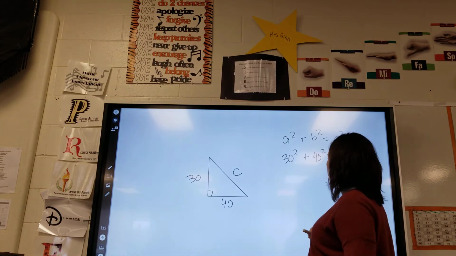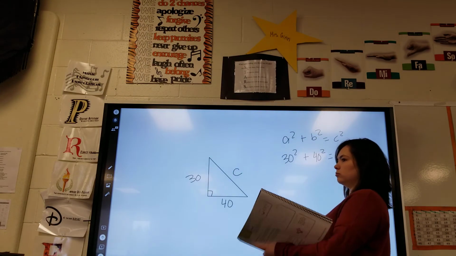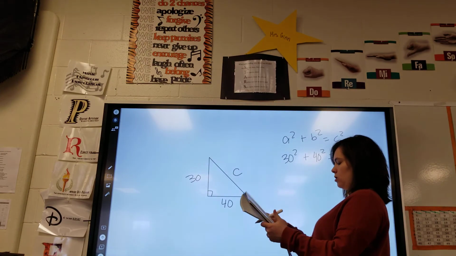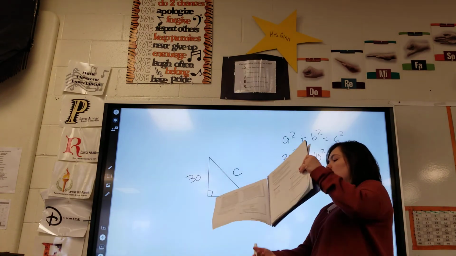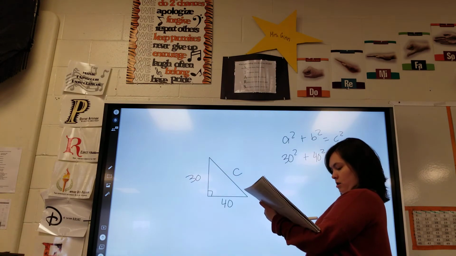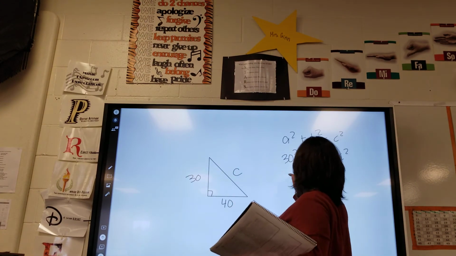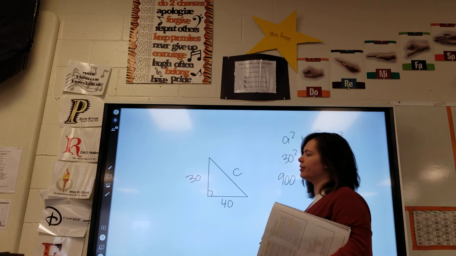Okay, 30 squared is 360. No, it's 90. Let me make sure I'm on the right track for my math here. So 90, yes, it'll be 90. Because 3 squared, where's the 900? It's 900.